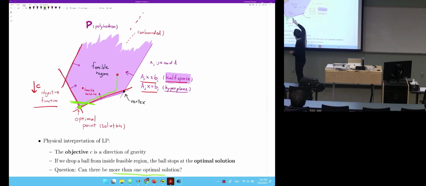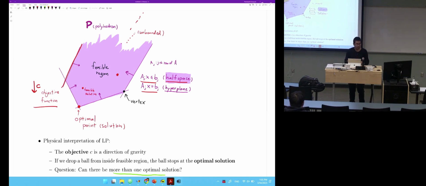If I have the constraint like this, then any point in this plane, in this segment, will be optimal. Okay, so just a bunch of terminology, but I think it's quite intuitive, right?